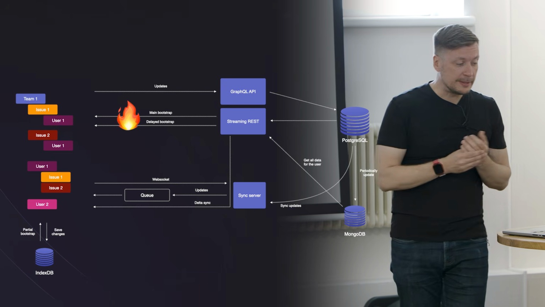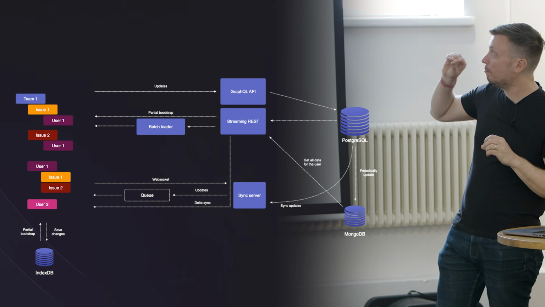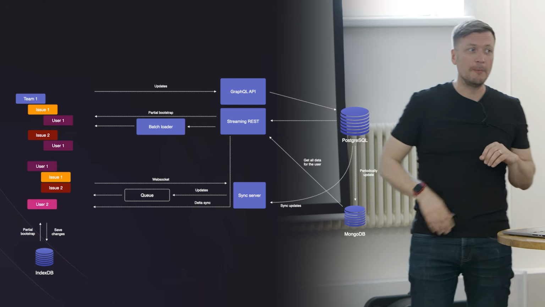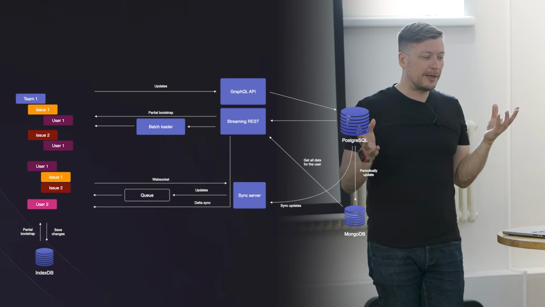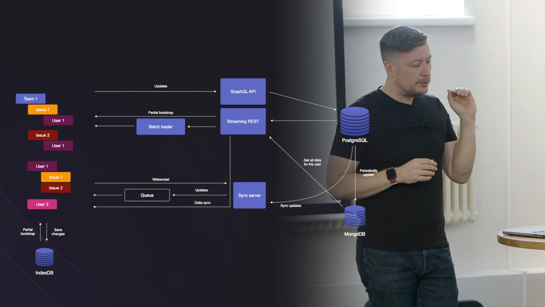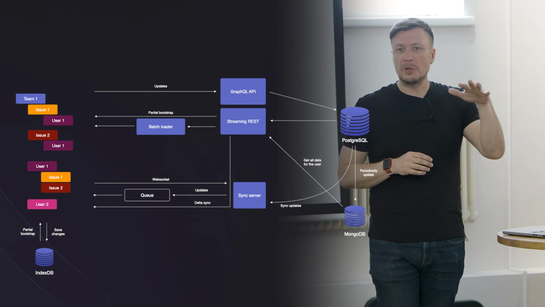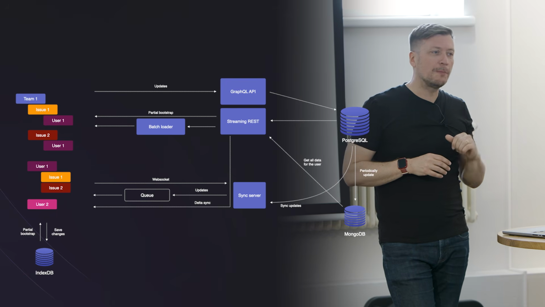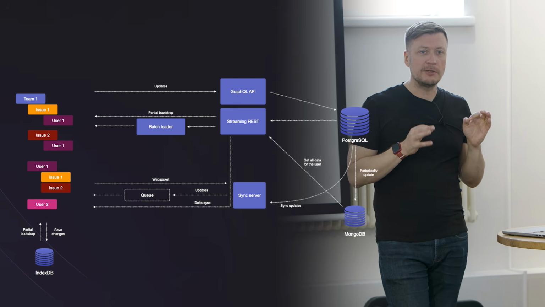But what we're doing is we add a batch loader in between. The best way to describe a batch loader in this diagram is that we do a partial bootstrap when we load up the client's data, and we load up only the absolutely necessary data.